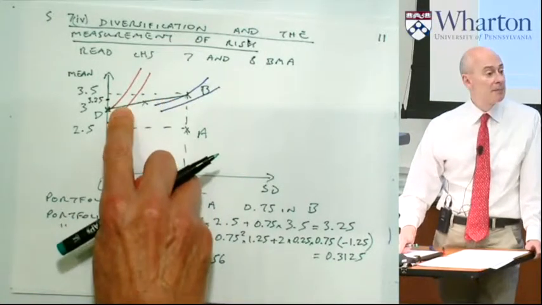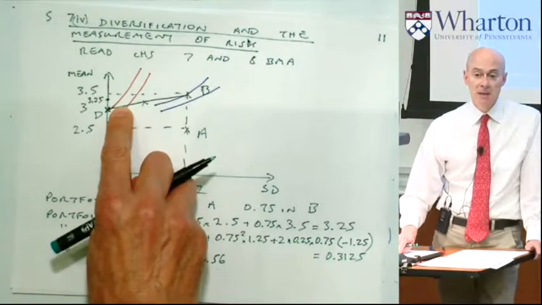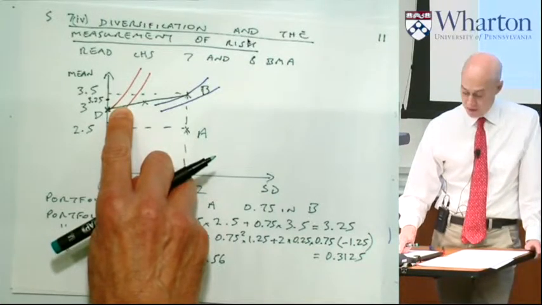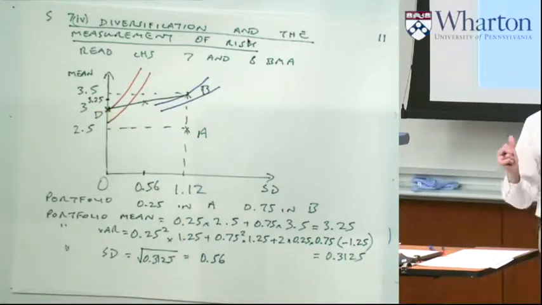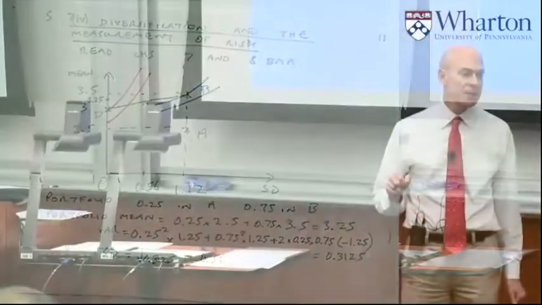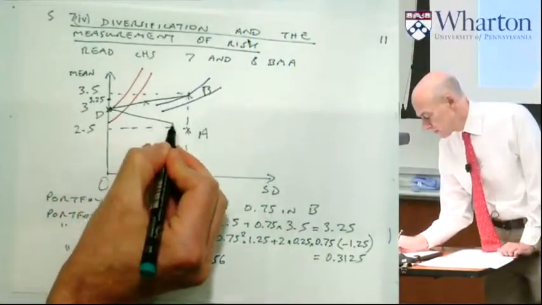If we're here, it might be, how much in B? 60 and 40. Here we're 50-50. If we go more in A, less in B, what do you think we're going to trace out? Another line which is like this.